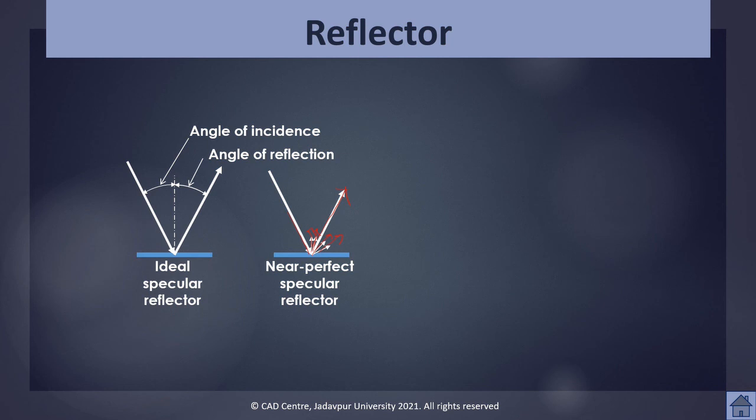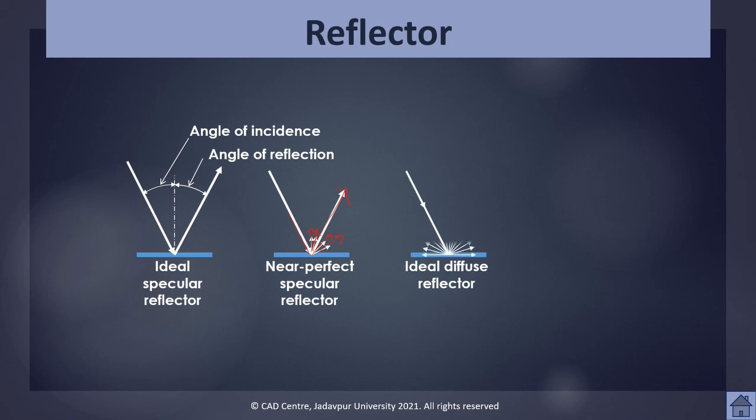If the surface has a large surface height variation compared to the size of the wavelength of the incident energy, the reflected rays go in many directions, depending on the orientation of the reflecting surfaces. This is called diffuse reflection.